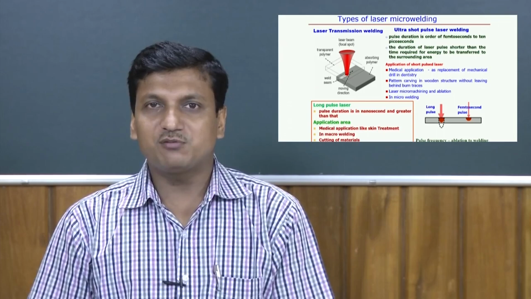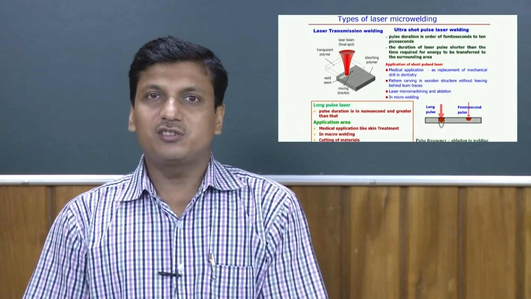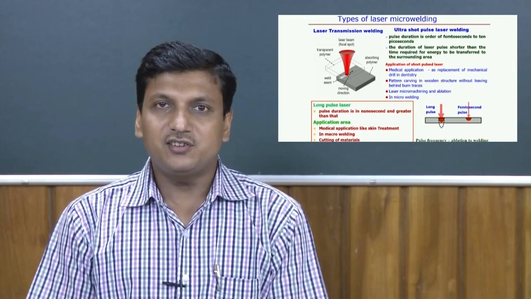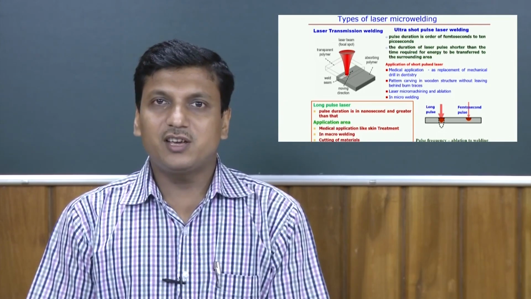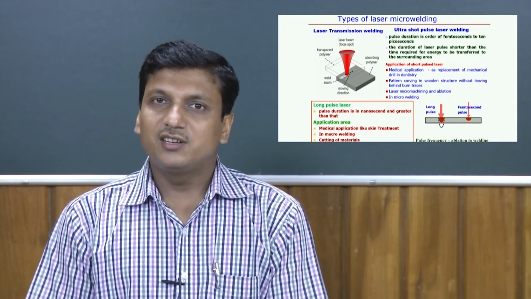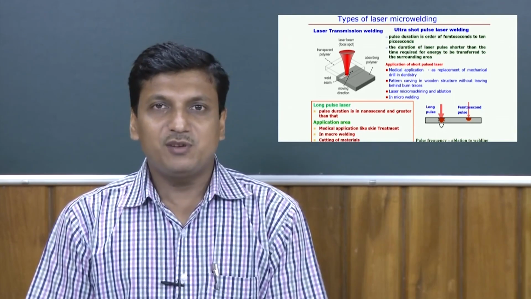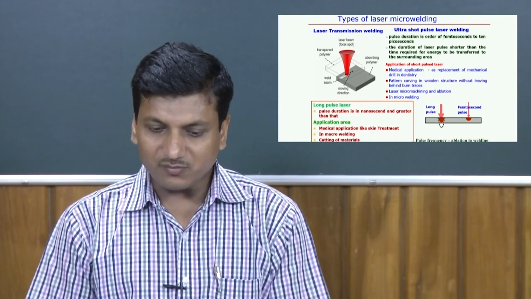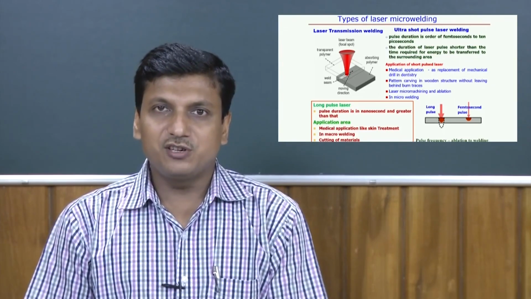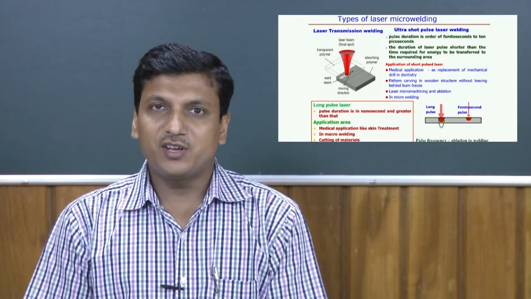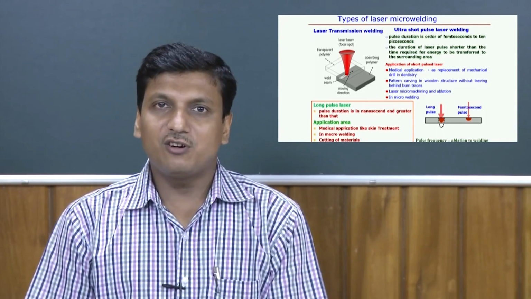These two types of relaxation we need to consider in the case of ultra short pulse laser, and they are not required for large or medium pulse laser welding processes. The theoretical aspect we will look into for ultra short pulse laser is very different from normal, medium or long pulse laser.